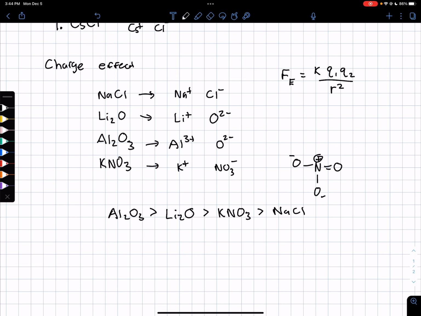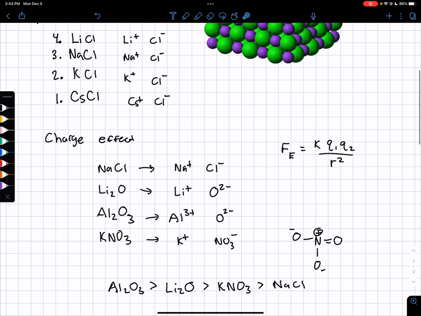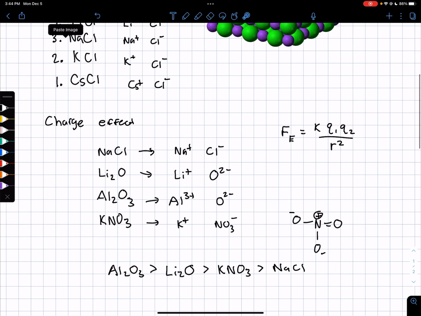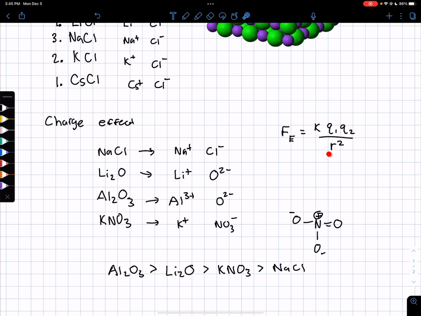All right. So again, that's the charge effect mixed with the radius effect when you're looking between these two. The basic principle for these types of problems is that the ones with the highest charge are going to have the highest lattice energy. And then if you have some with the same charge effect, then you start looking at the radius effect, okay?